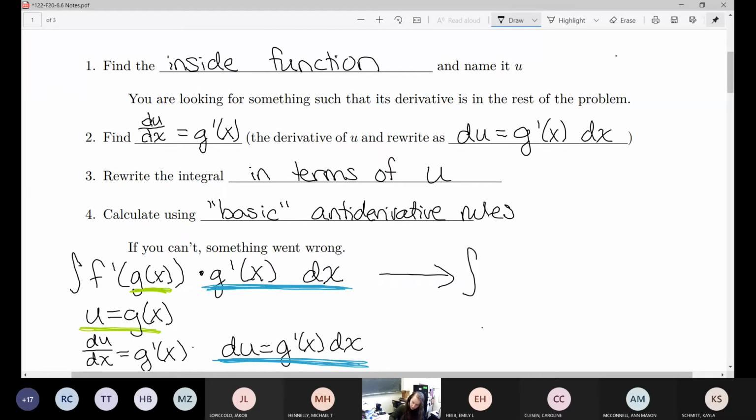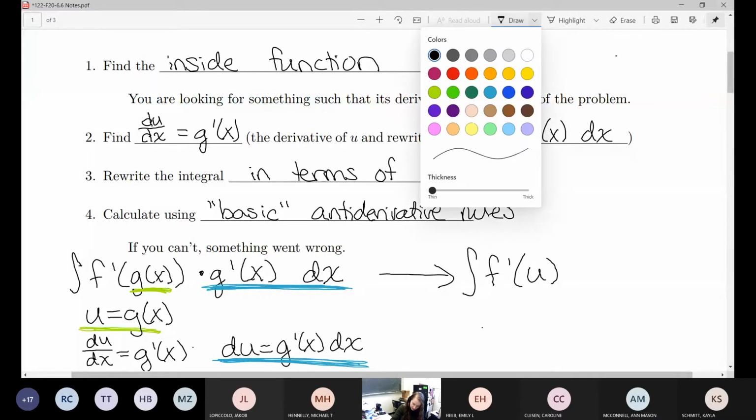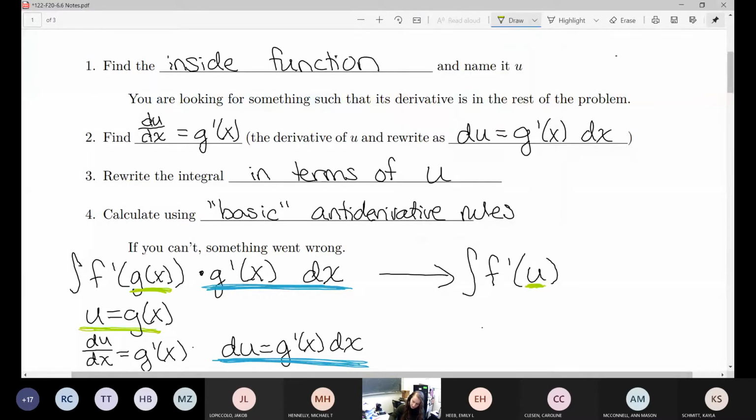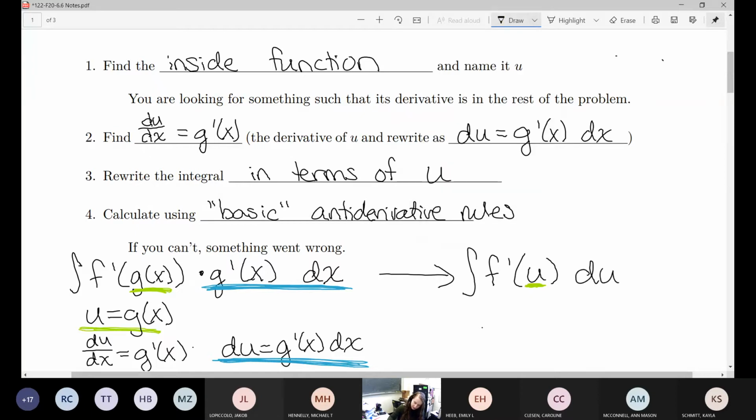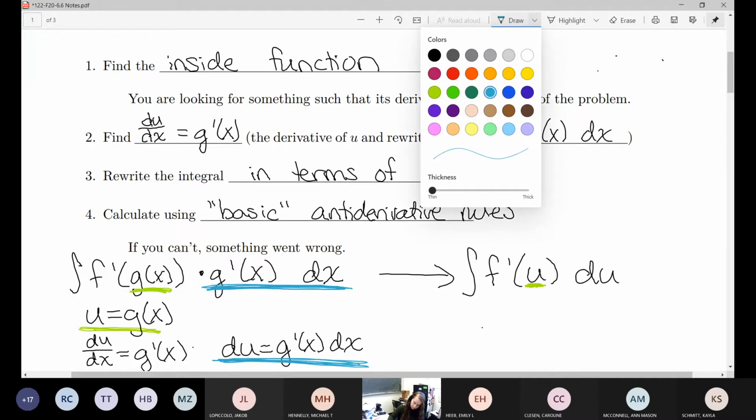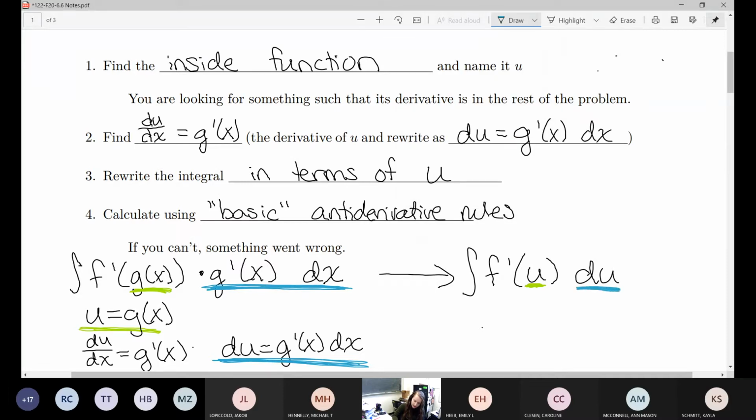We have the integral of f prime of u. We replace the g of x with what we're naming it, u, and then we're replacing that entire back piece with du. So that entire g prime of x dx is equal to du.